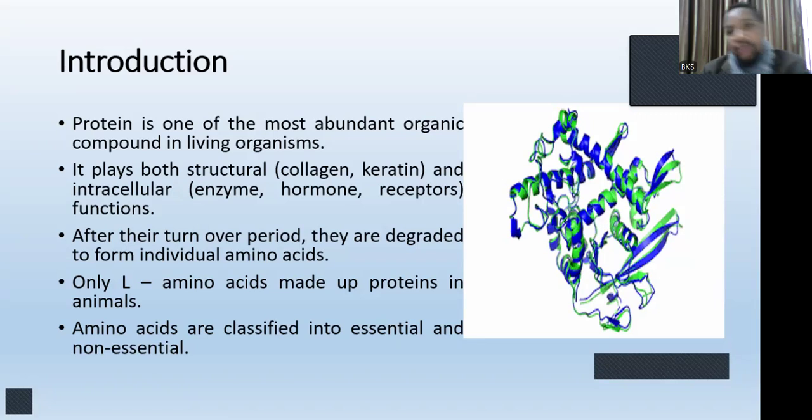From the discussion you had in the previous class, they are basically classified into structural proteins and intracellular globular proteins. In structural, you talked about collagen, keratin, fibrin, etc. Actin and myosin play a very important role as structural proteins. Then you have intracellular, which include the hormones, the receptors, the enzymes, the signaling proteins, etc.